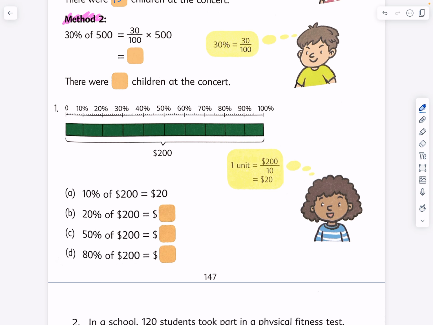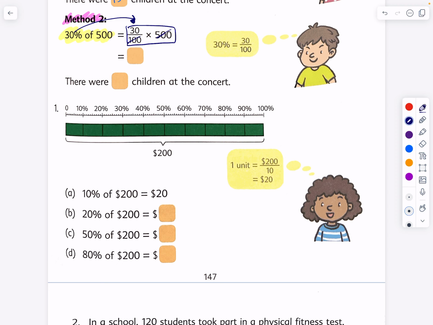30% of 500. Basically, the way it looks is the way we calculate it. How do we find 30% of 500? Well, remember from our previous lesson, 30% is 30 out of 100 equal parts. Now, can we multiply 30 hundredths, which is a fraction, times 500? Of course we can.